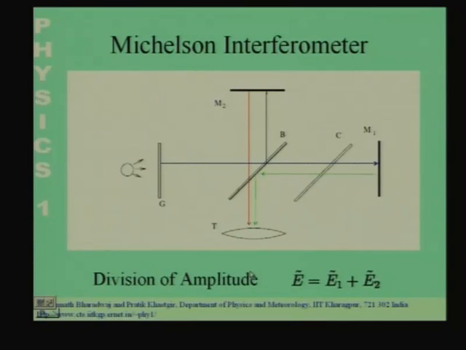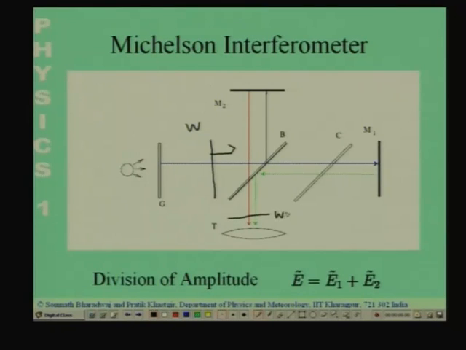So we have a wave front arriving like this, and the amplitude of this wave front gets split into two. So we have two wave fronts, finally, W1 and W2. Let me draw them like this.